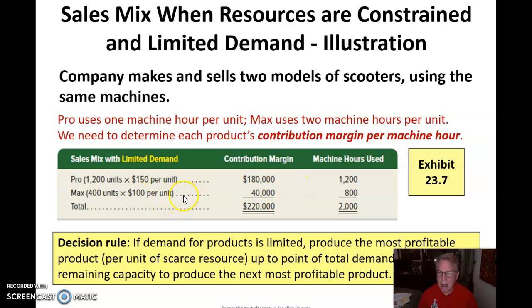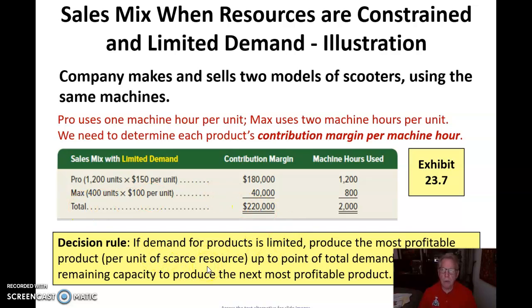And for the Max, we need to figure out how many machine hours we have left, which is 800. So I can convert that into 400 units at $100 per unit. And that total of $220,000 then represents the most profitable mix of those two products.